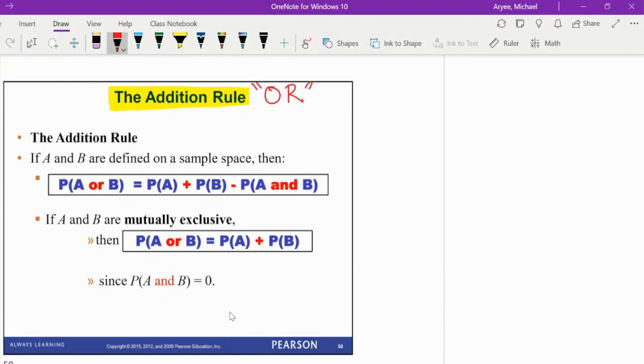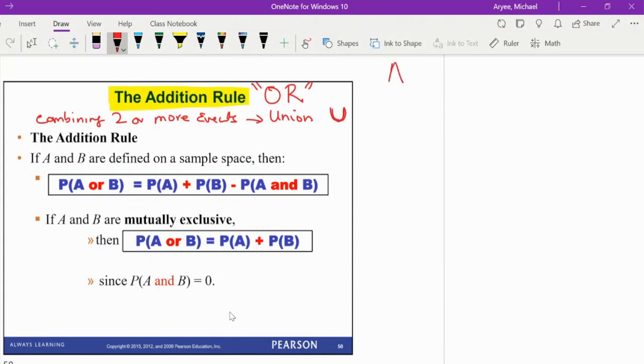The addition rule basically deals with combining two or more sets. So here we are combining two or more events. In the olden days, we called that union, and it is like a U up like this.